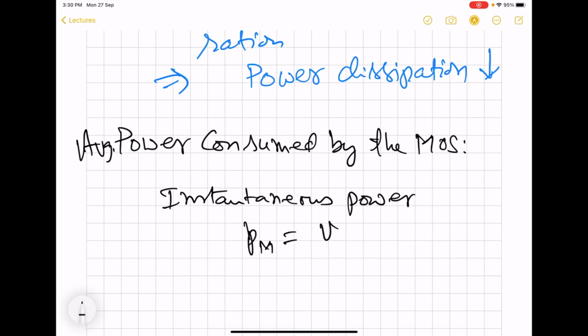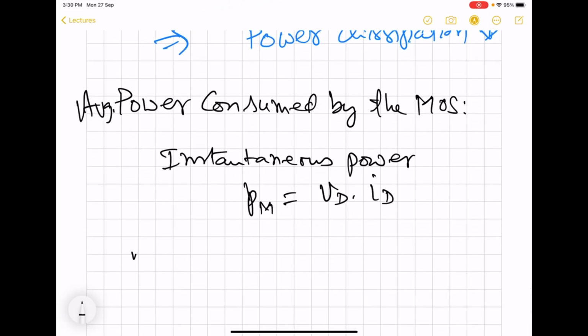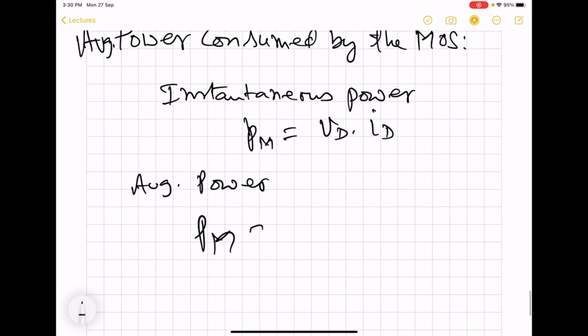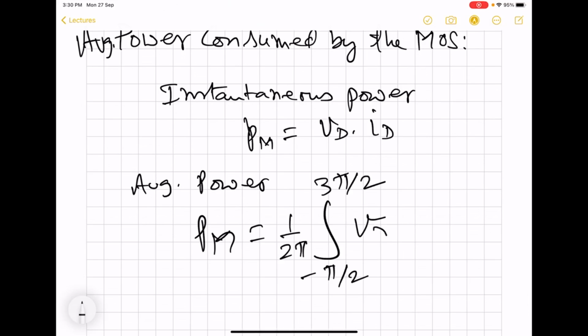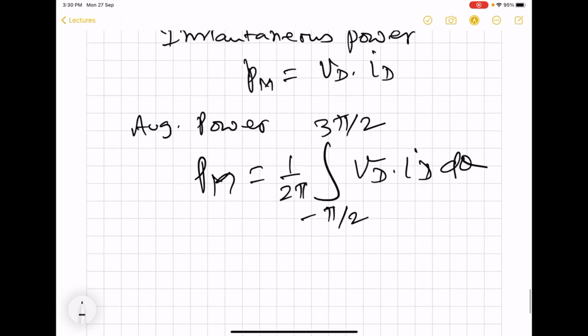So the average power PMOS is 1 by 2 pi, which is one cycle of the MOS, starting from minus pi by 2 to 3 pi by 2. That means over one cycle, we integrate this quantity, the instantaneous power.